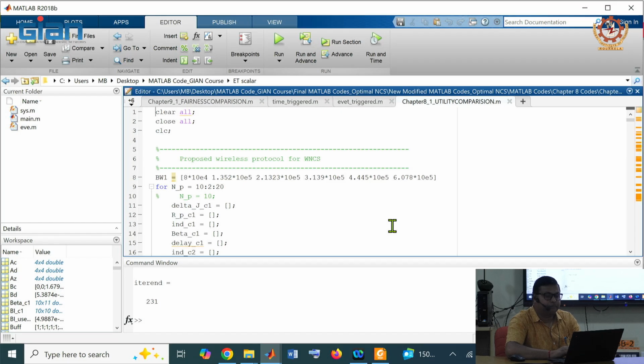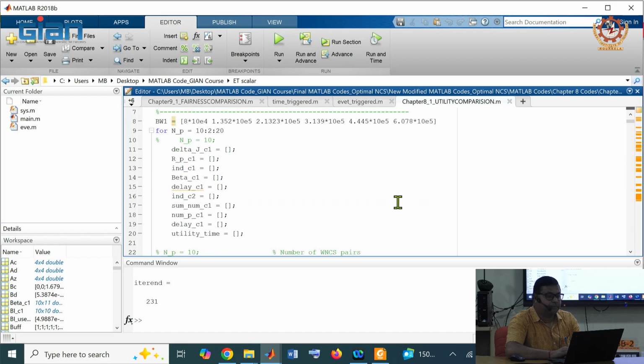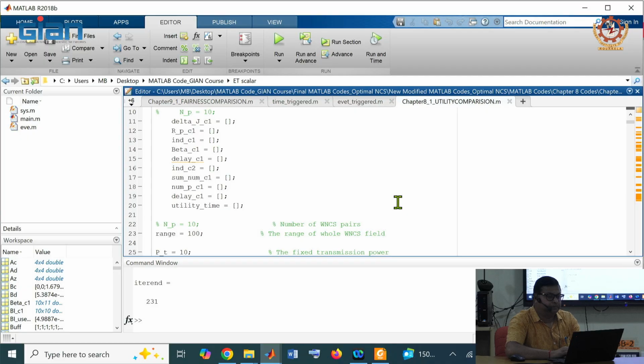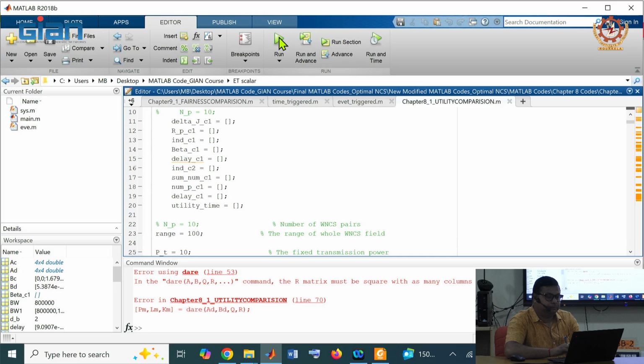Okay. It is to be run. No, to run this, I think the new version is required, because it has the DARE command, which is not running here.